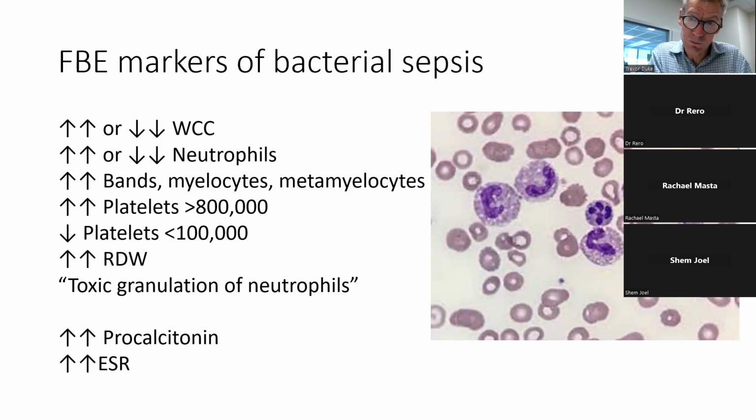And when it's producing those new neutrophils, it's producing the immature forms of those white cells. So in the blood film, there will often be immature forms of neutrophils like bands and myelocytes and metamyelocytes.